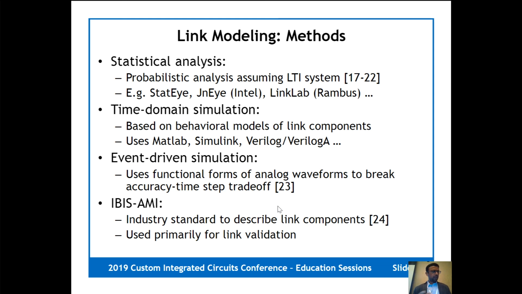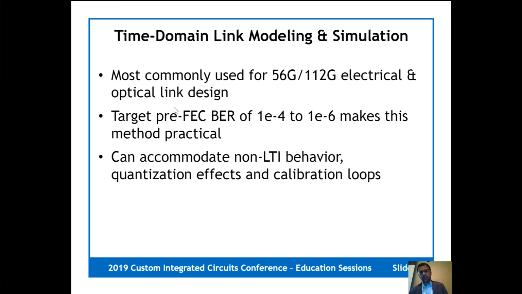So in the interest of time, I'll focus primarily on one. There are a bunch of methods that people have proposed over the years for link modeling, but the one that's used by and large, or some form of it, for these higher speed links is time domain based simulation, primarily because the relaxation of the bit error rate target makes this method a lot more practical than it used to be.